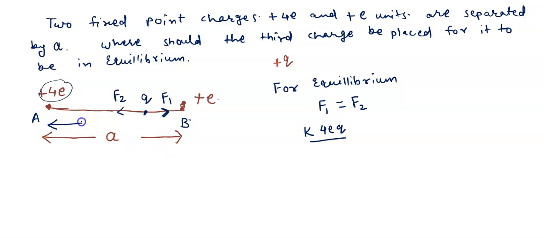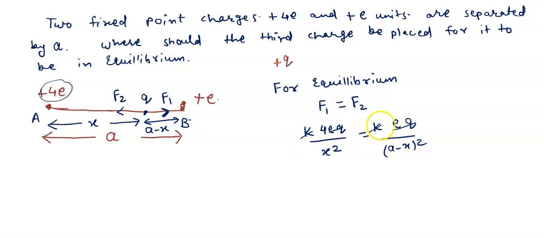So let this distance be X. If this distance is X, the remaining distance will be A minus X. So we can write it as X square, and that is equal to K into E into Q upon (A minus X) square. E into Q and K cancel.